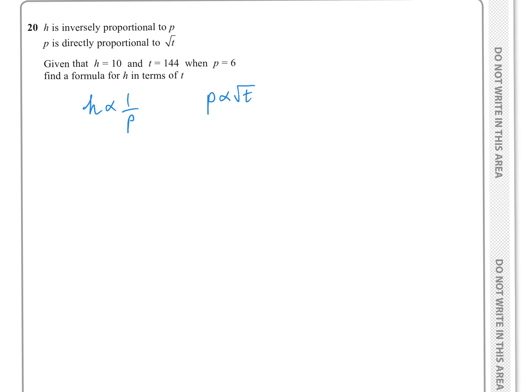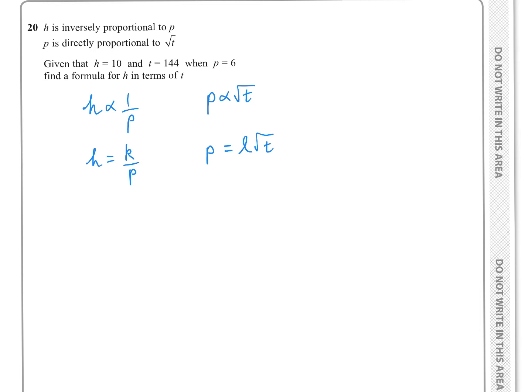So the first one would mean that h would be equal to k over p for some value of k, and p would be equal to, now be very careful, don't use the same k as we had in the first one, just call it L or K1 or capital K. I'm going to just call it L. Now we're given some information, as we always are in these questions, and we're given when h is 10 and t is 144, p is 6.